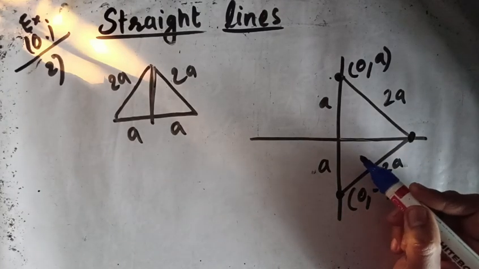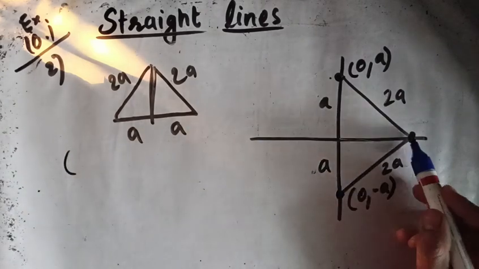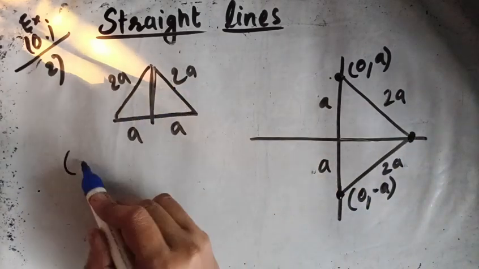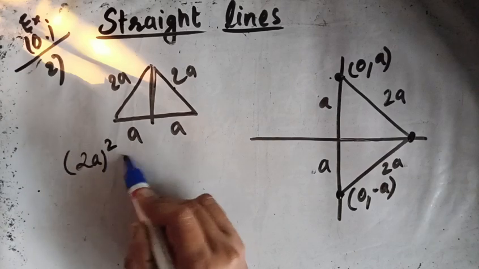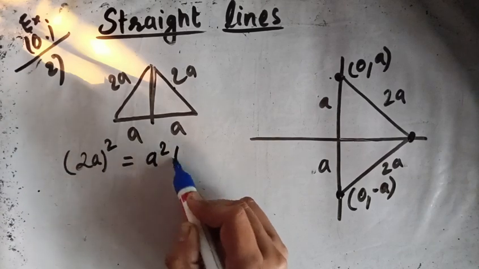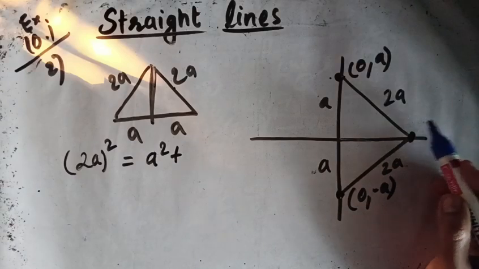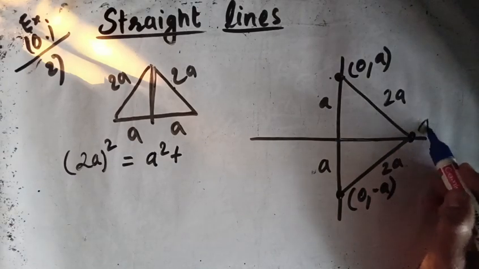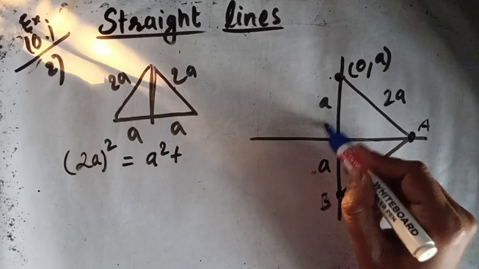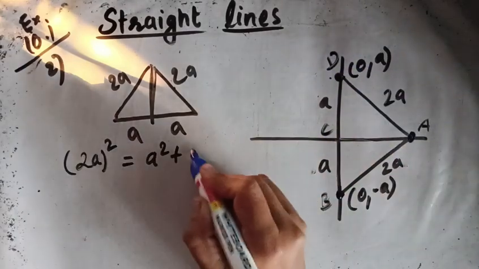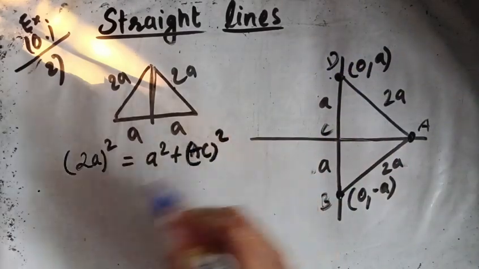So you can use Pythagoras here. The hypotenuse is this 2a. So (2a) square equals a square plus, I'll take this side as AC.